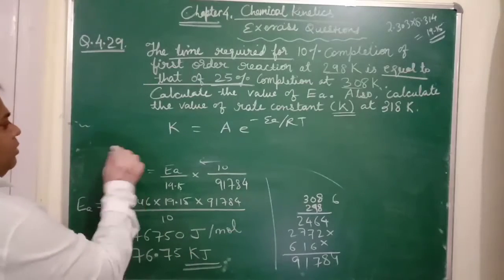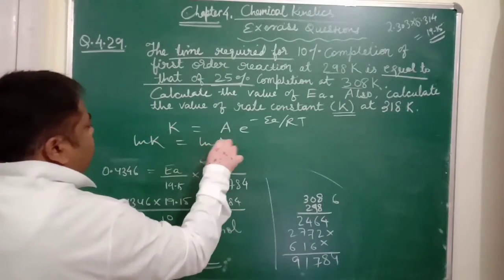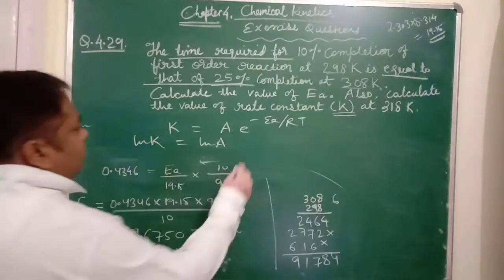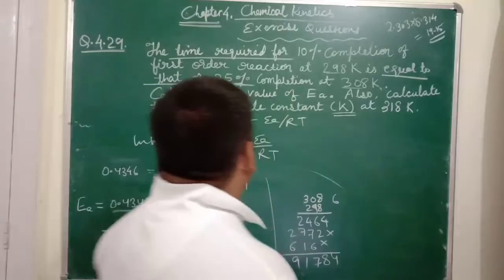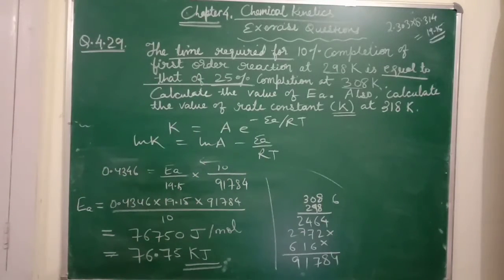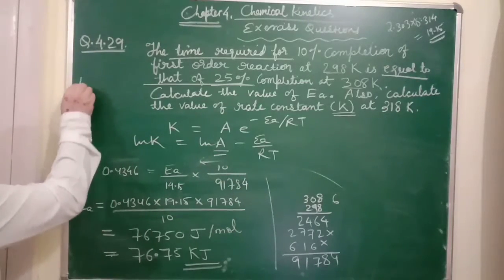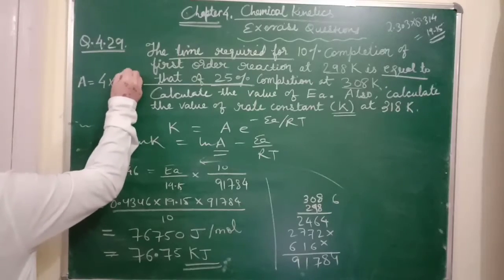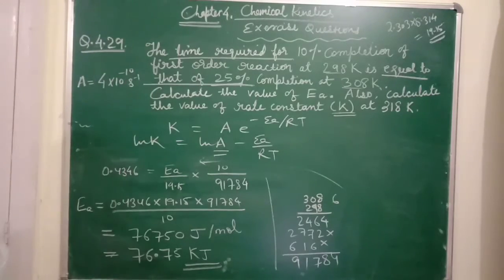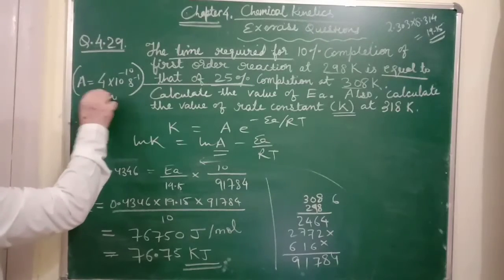So we can take ln k is equal to ln A minus Ea by RT, and the value of A, the Arrhenius constant, is given in the question, equal to 4 into 10 to the power 10 per second. This is given.